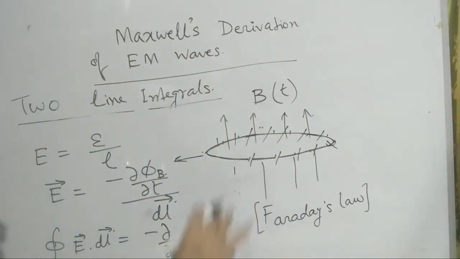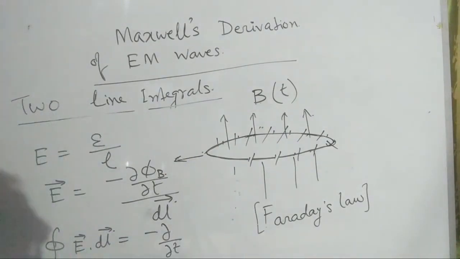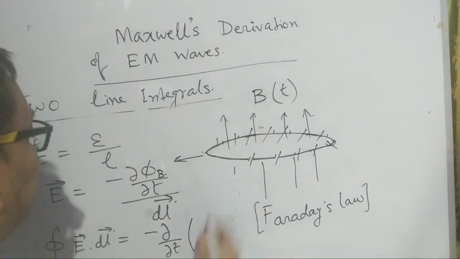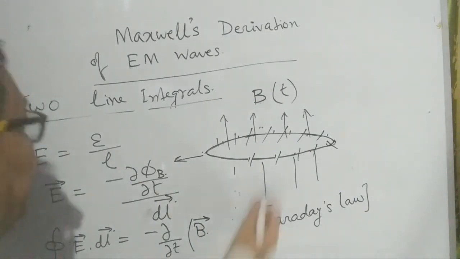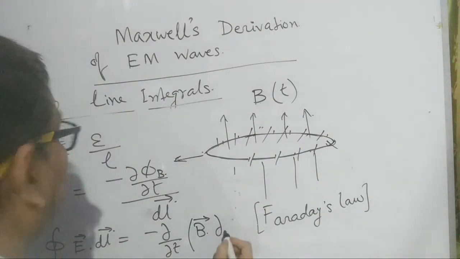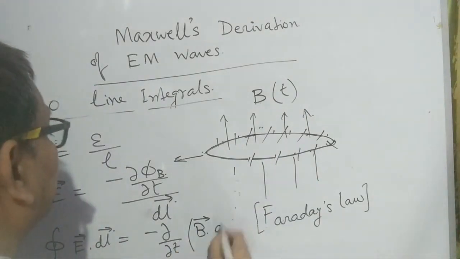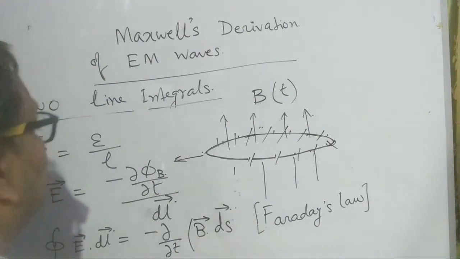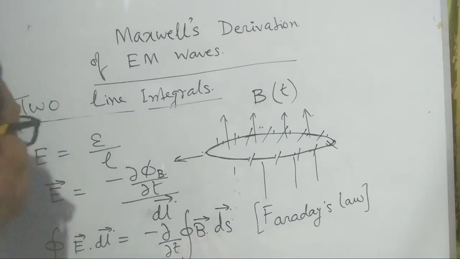So minus del by del t of magnetic field into area. The magnetic field is a vector and area is also a vector. Okay, let us take this, and the integral of this.